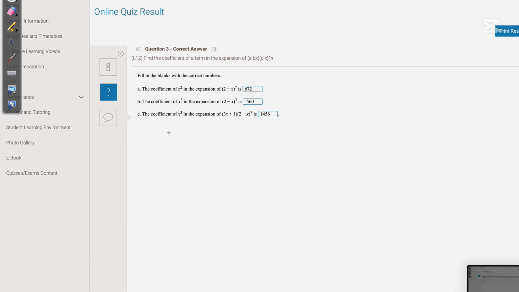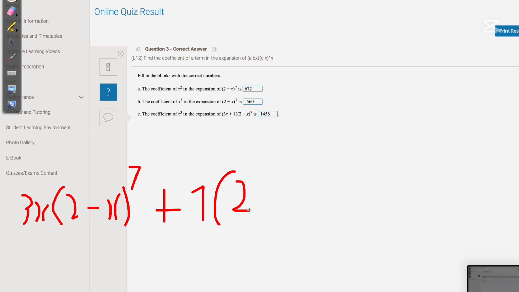Okay, for part C, I'm going to split it into two different parts. 3x times 2 minus x to the power of 7, plus 1 times 2 minus x to the power of 7.